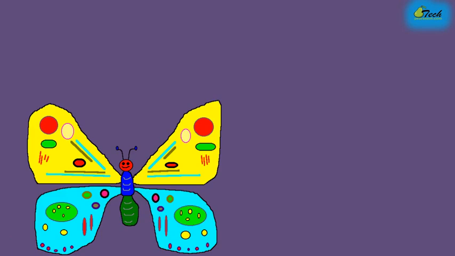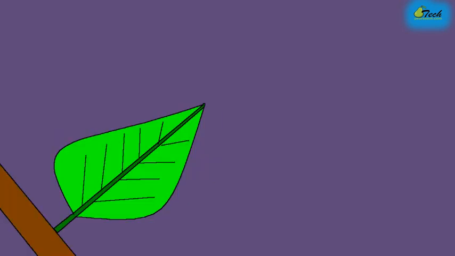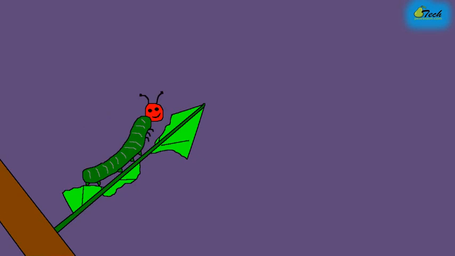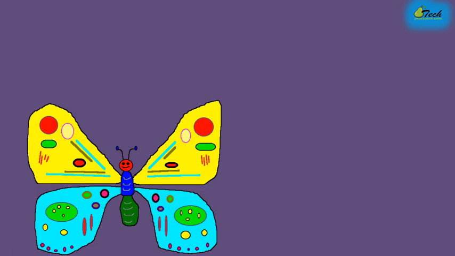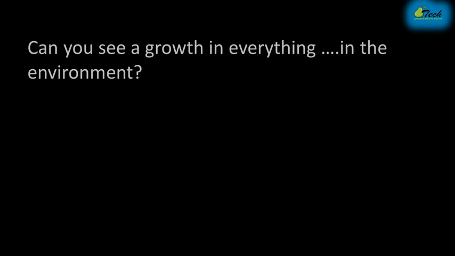So a caterpillar transforms into a butterfly and it grows. Once again the same thing happens: the caterpillar eats the leaves and grows, and now it transforms into a beautiful butterfly. Things happen like that in an environment. Now can you see growth in everything in the environment around you?